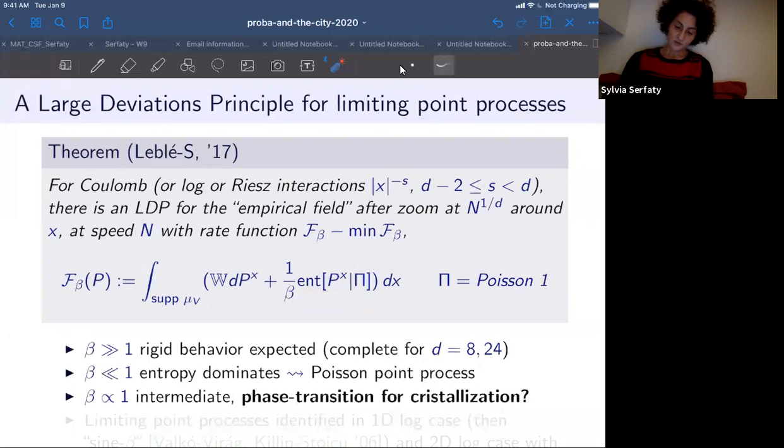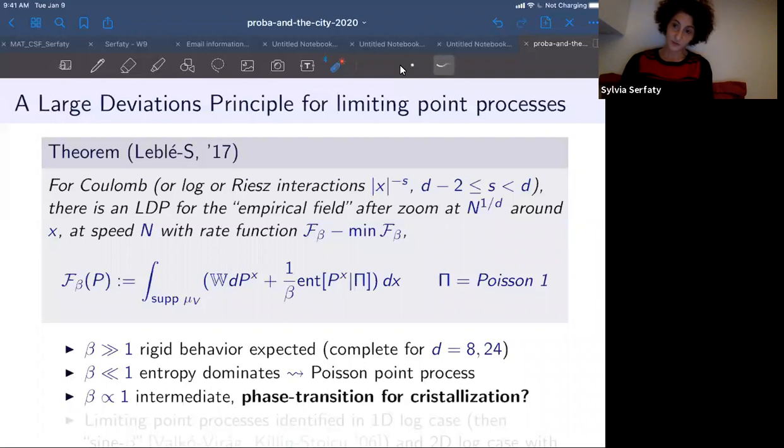Now W is the energy contribution, and W wants very ordered configurations, or at least in low dimension, that's what it seems. And relative entropy wants things that look like Poisson, so that really don't interact so much. Of course, these two desires are sort of contradictory.